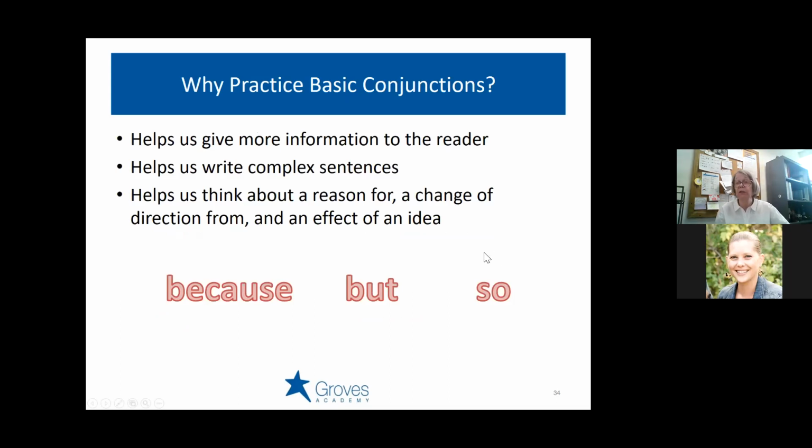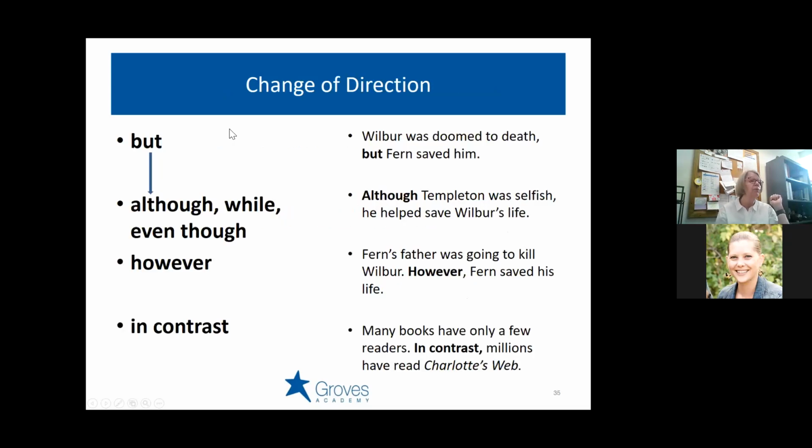Basic conjunctions is the simplest way to expand a sentence, and it does give more information to the reader than the simple sentence, but most particularly it helps us think about a reason for something, a direction, change of direction, or an effect of an idea. So here's some examples.